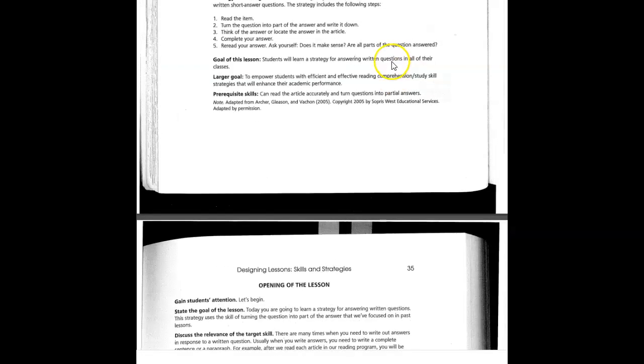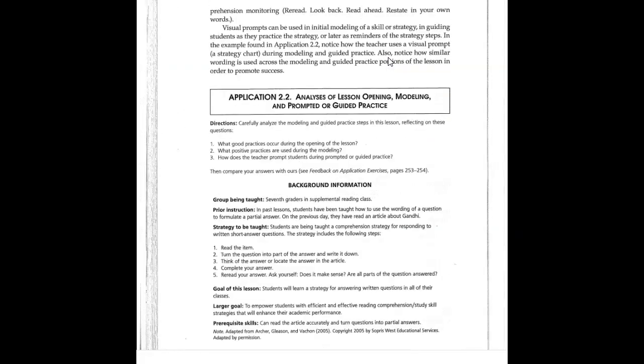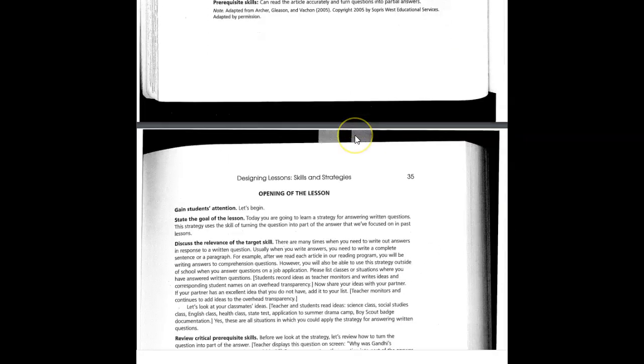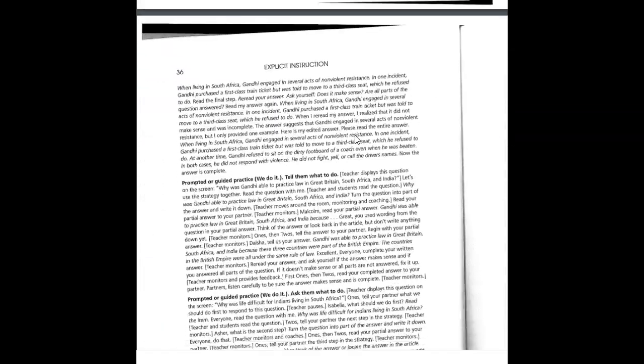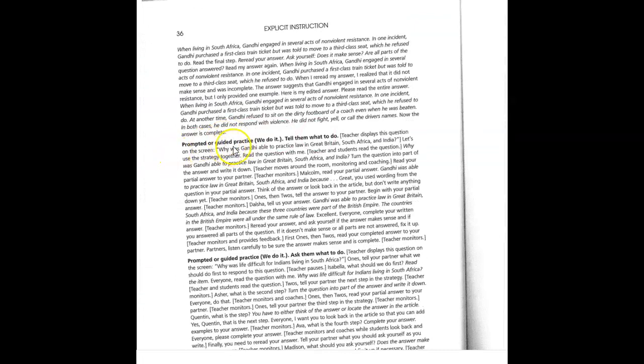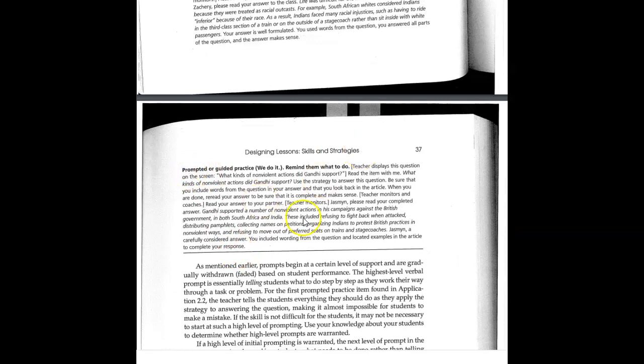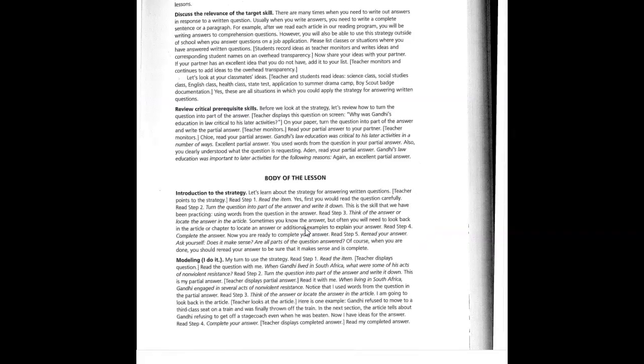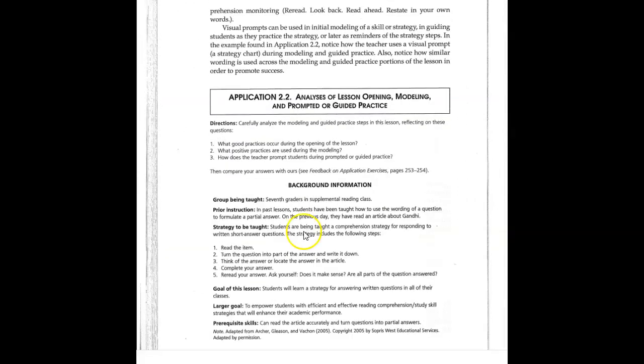And then the third question, how does the teacher prompt students during prompted or guided practice? That would start right here, prompted or guided practice. And there's this paragraph, and this paragraph about the prompted or guided practice. Okay. So again, it's in your textbook, application 2.2. Remember, if you have the e-text, the page number might be a little different, but it is still application 2.2.